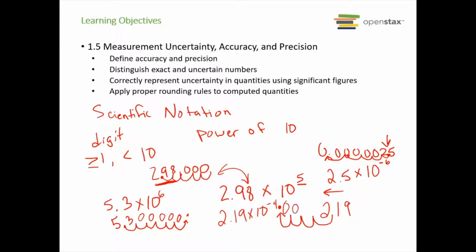So this is 0.000219. Notice the 0 in front of the decimal place. You really don't have to put that, but it's implied because it's 0 point something. Appendix B in your book also talks a little bit more about this. If you need more practice or if you have questions, please ask me.